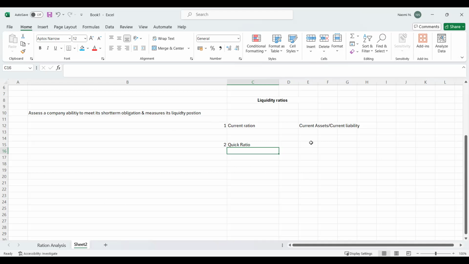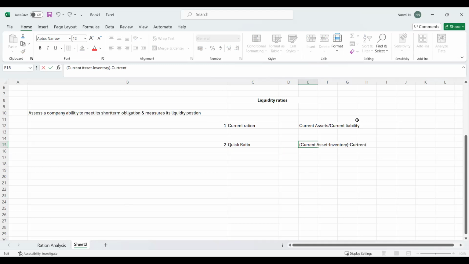So what it means is, it is current asset, then we eliminate inventory, to see whether we can still be able to meet the obligations minus the stock or the inventories that we have, minus current liability.